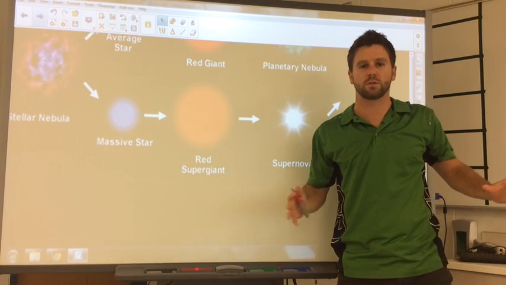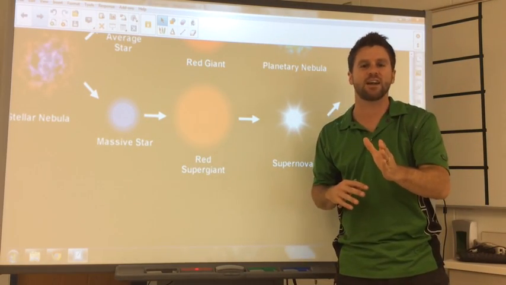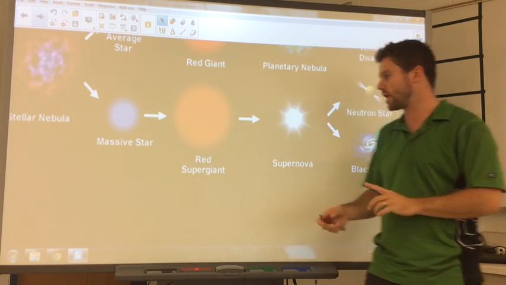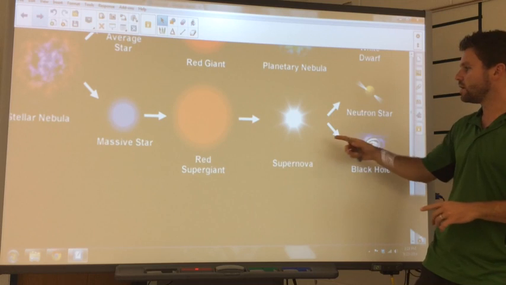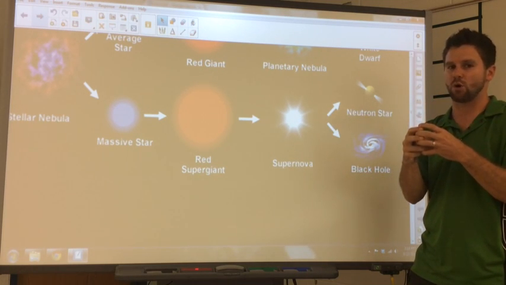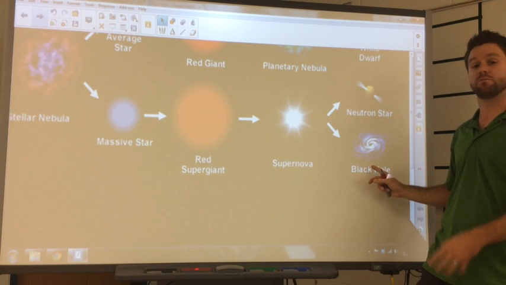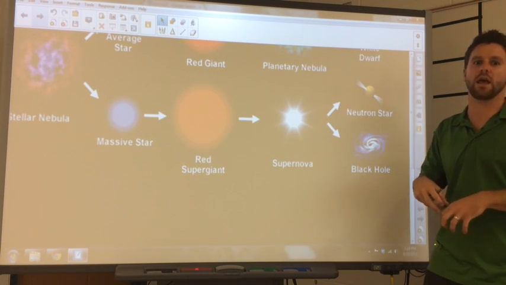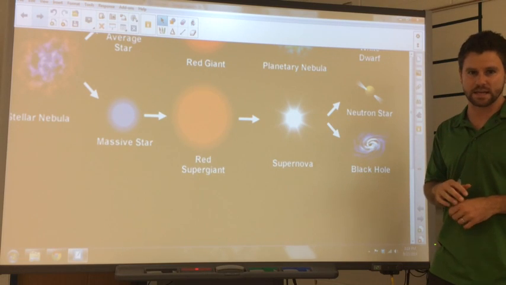Massive supernova explosion where in a matter of seconds, more energy is released than our sun has in its entire life. Pretty crazy. And then what's left is the core, an extremely dense core, or if it's so huge, that core could collapse on itself, creating a black hole where not even light can escape.